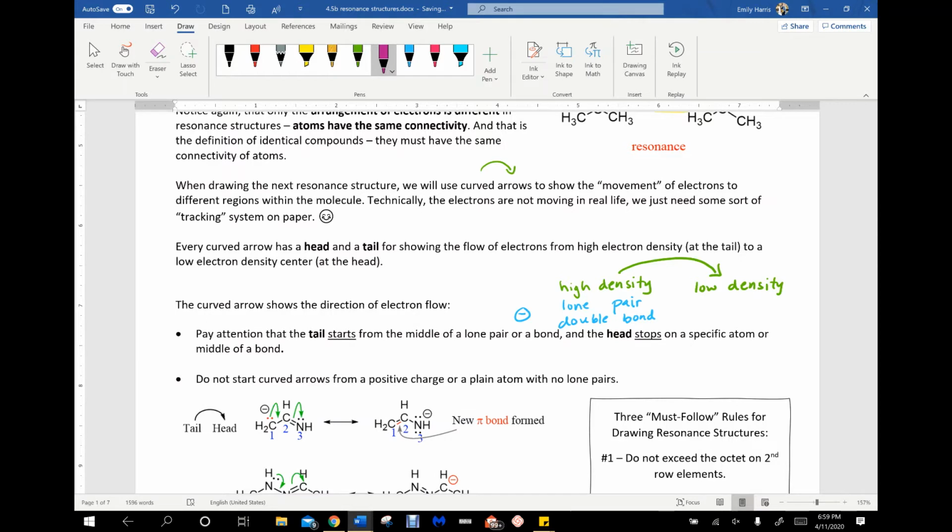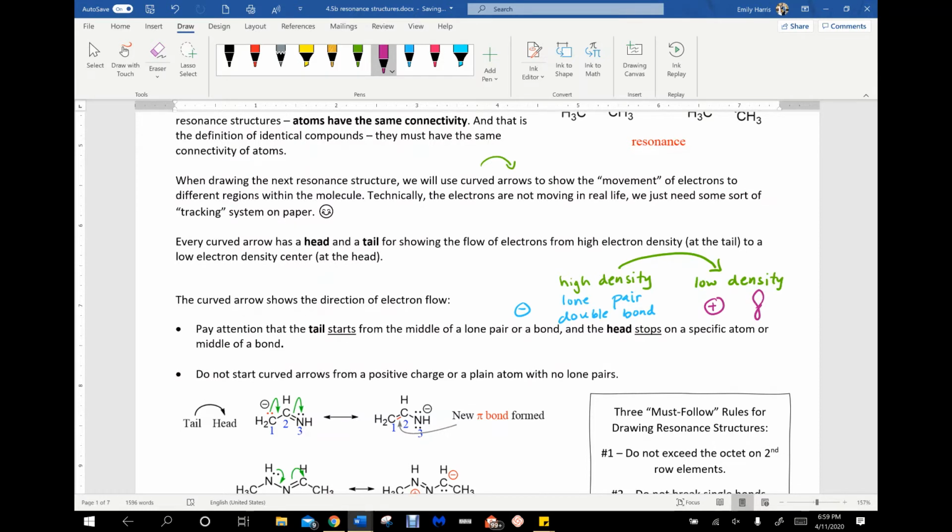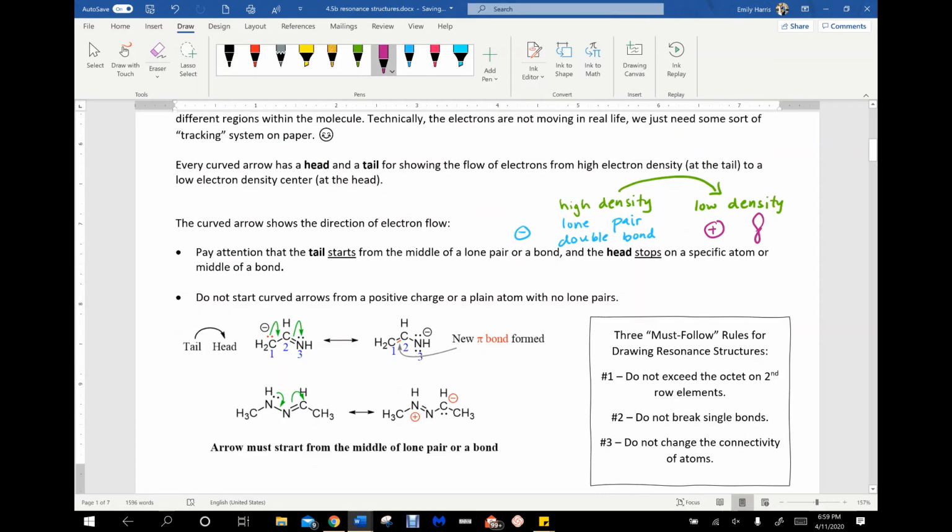On the other hand, where you have low density is typically somewhere with a positive charge, or where you have a p orbital that can accept that new charge, all right? And so we always want to start our arrow at the high density and end it at the low density.